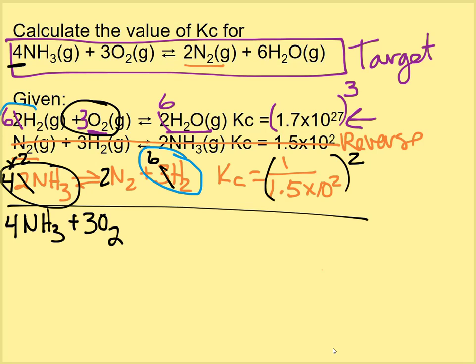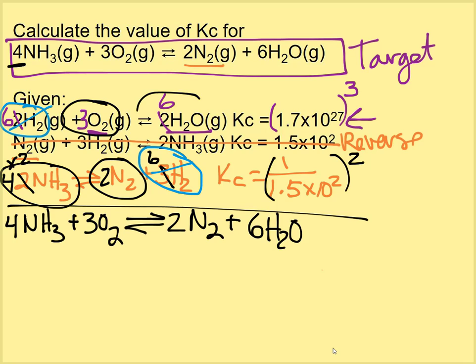So I know that that's probably a catalyst, perhaps. So it's at the beginning and at the end, so I can eliminate that. So that's going to be on my reactant side. Let's look at the product side. On the product side, I have 2 and 2, and I have 6 waters. So it looks like everything's accounted for.